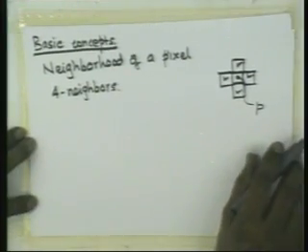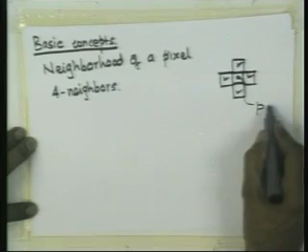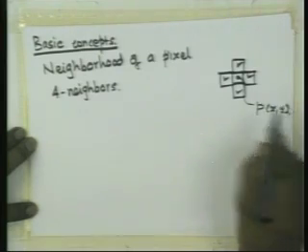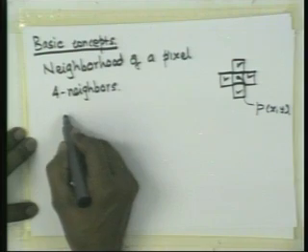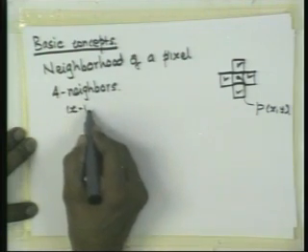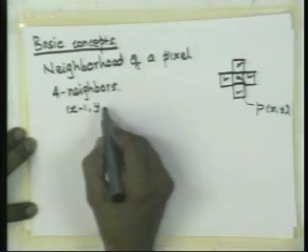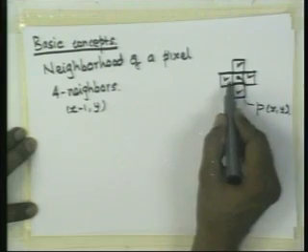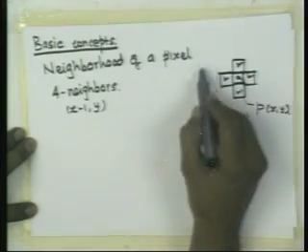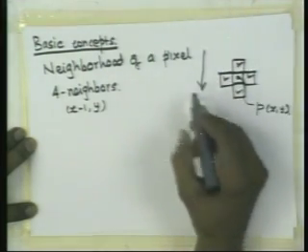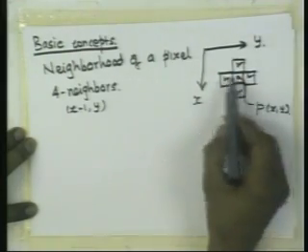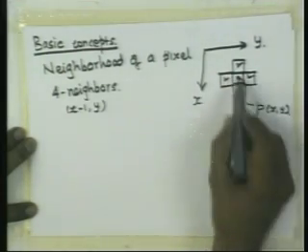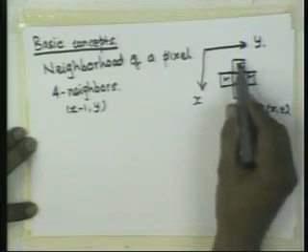Obviously if this had location x, y, then the 4 neighbors are going to be x minus 1, y, which will give me this pixel. Just remember that I am keeping the x axis here, y axis here. So x minus 1 is this one, and y is this one.